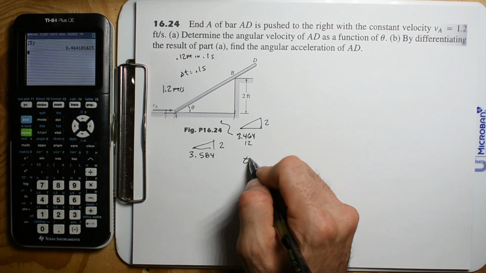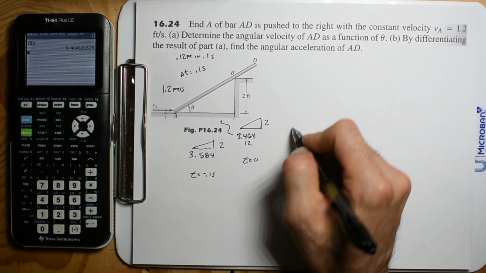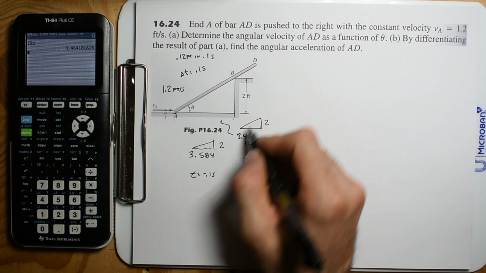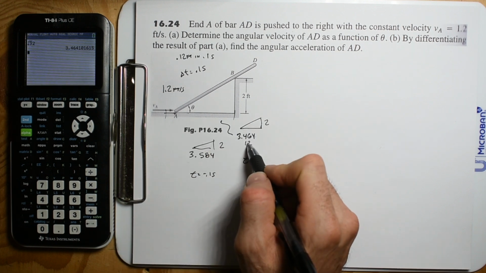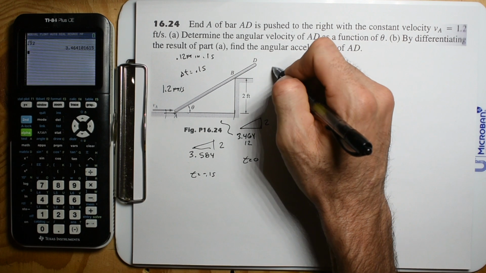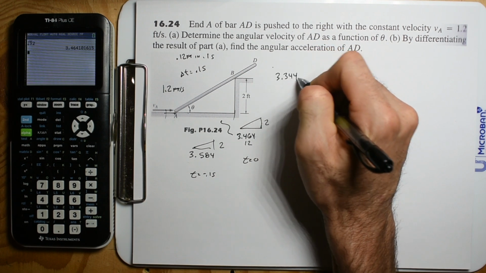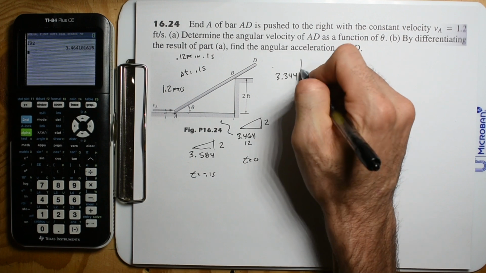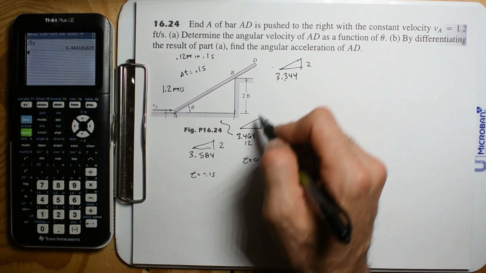So this is going to be t equals 0 seconds. This is going to be t equals -1 second. And then we're going to go forward. If I go forward on this, I'm going to subtract 1.2. So we're going to have 3.344. And then 2 for that side of the triangle. And so, hey, we have these ratios.